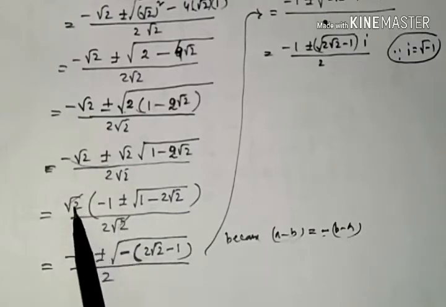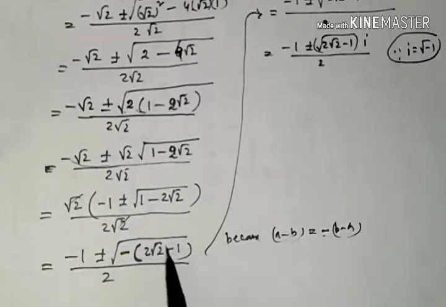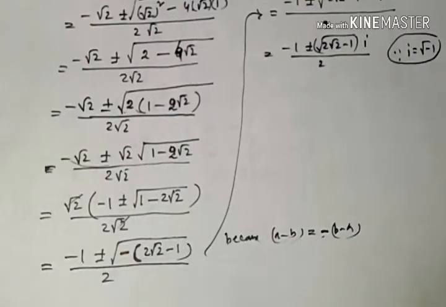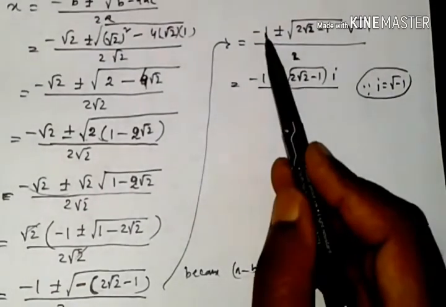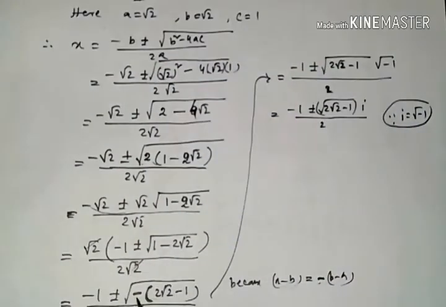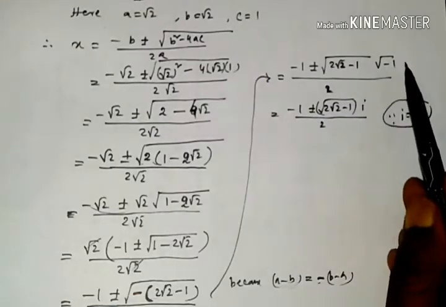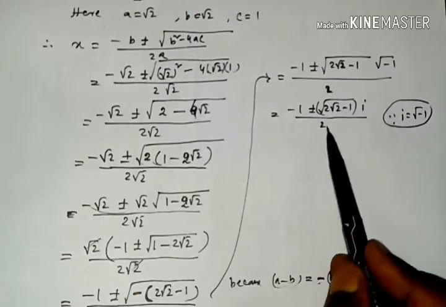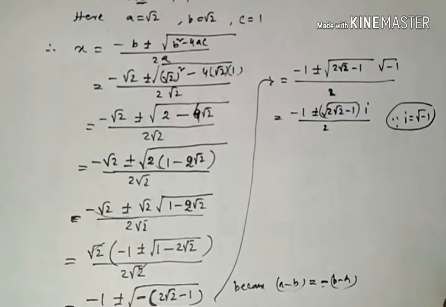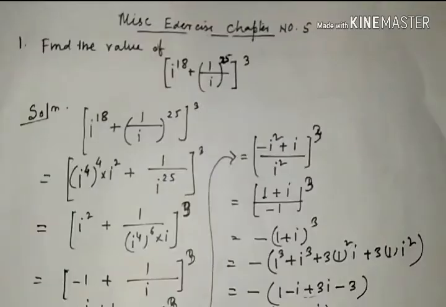We can write 1 - 2√2 as -(2√2 - 1) if we take minus outside the bracket, because we know a - b we can write as -(b - a). Therefore, this is -1 ± √(-1)·√(2√2 - 1). √-1 is i. We can do -1 ± i... divided by 2. This is the answer for this problem.